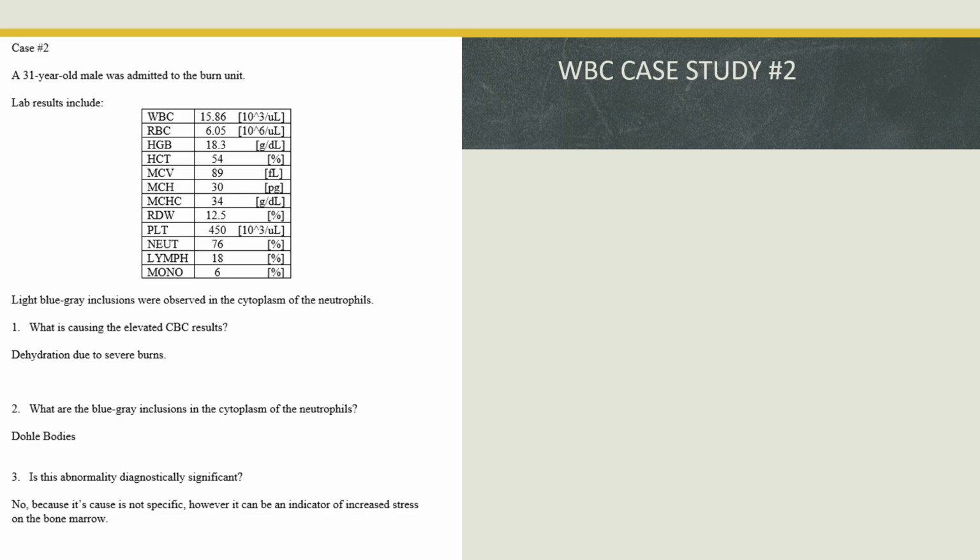The bone marrow is trying to compensate. Everything is now out of balance. Fluid balance is out. Now we have exposed tissue that used to be protected. So it's just an indicator, but it's not specific to this diagnosis because we can see Dohle bodies in a lot of different situations.